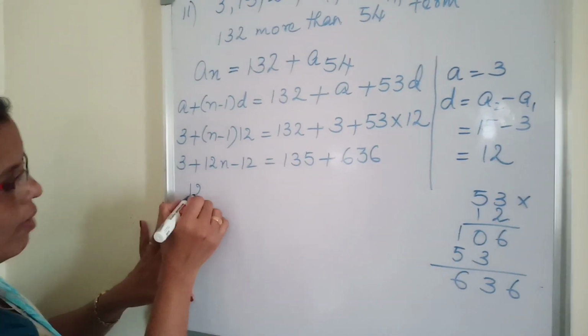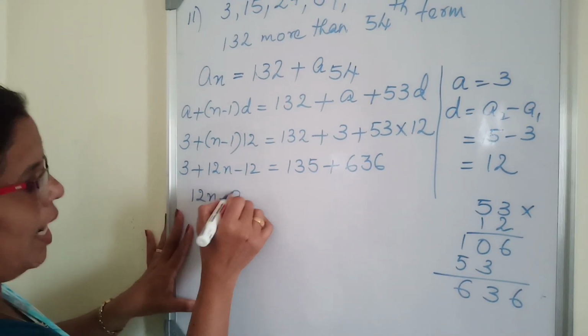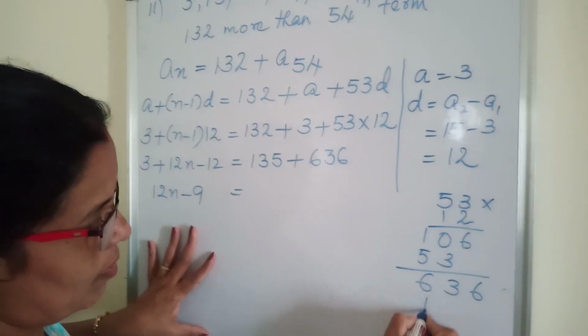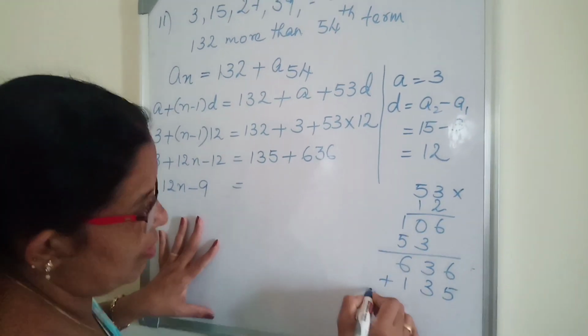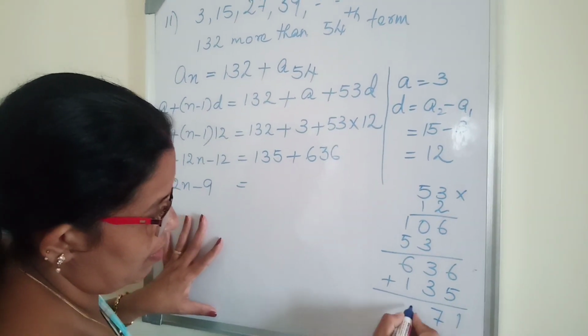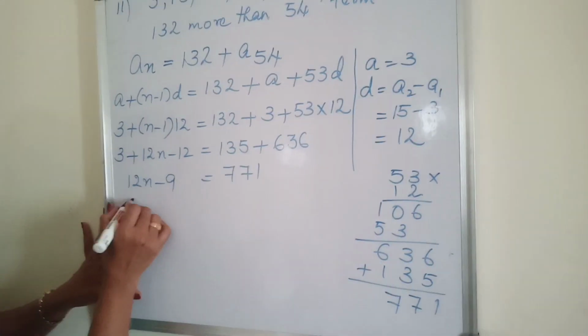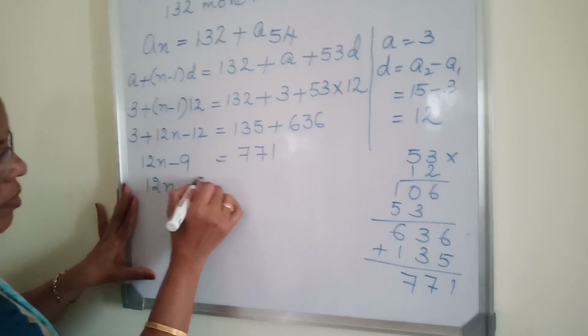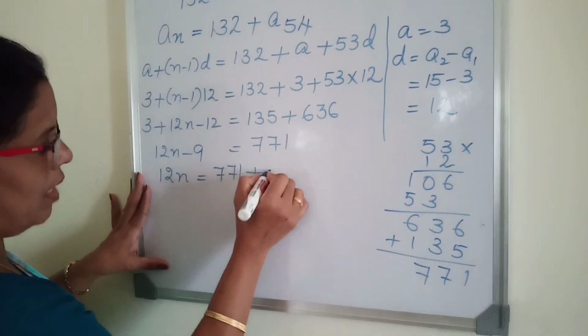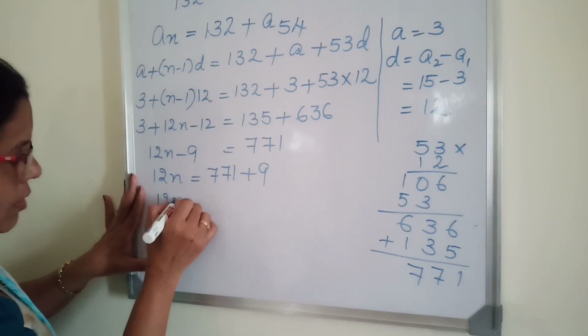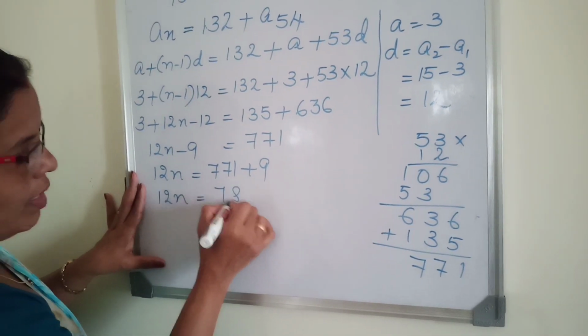So here 12n minus 9 is equal to 771. 12n is equal to 771 plus 9. 12n is equal to 780.